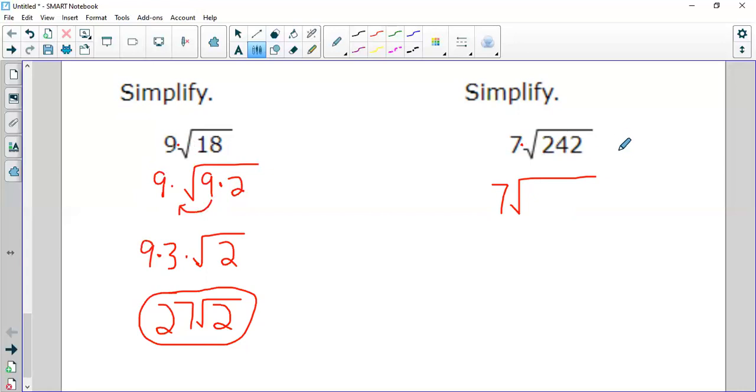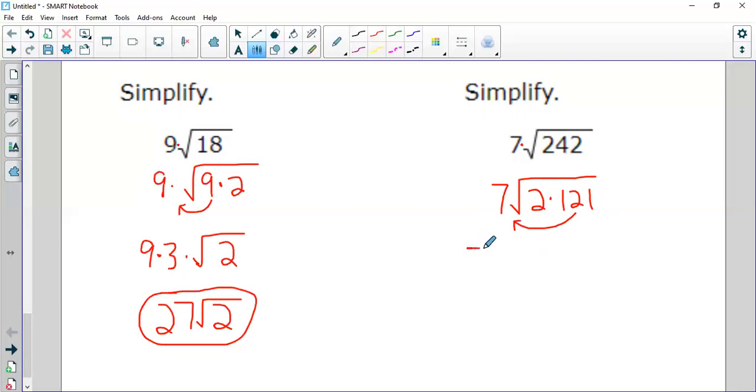Again, I did this in my head ahead of time, so I kind of know the answer, but if I divide this by 2, 2 goes into 242 121 times. If you were to divide by 2 and didn't get a perfect square, well, 2 is not going to help you, so don't use it. Use something else. In this case, it did. 121 is a perfect square. I'm going to bring that outside the radical.